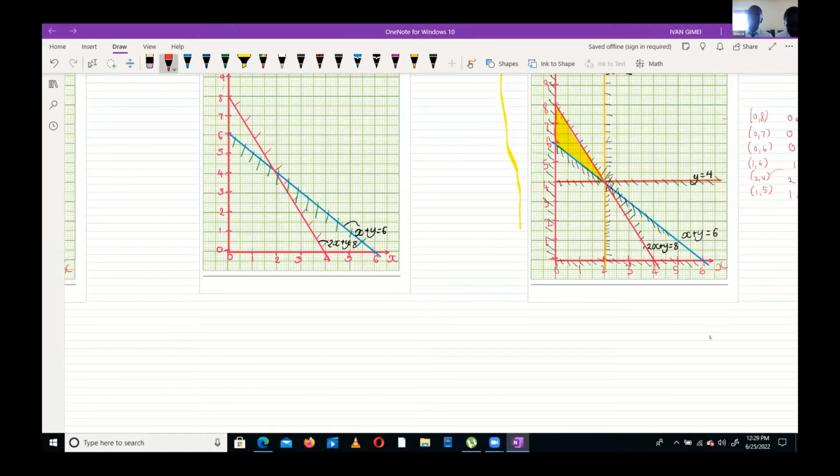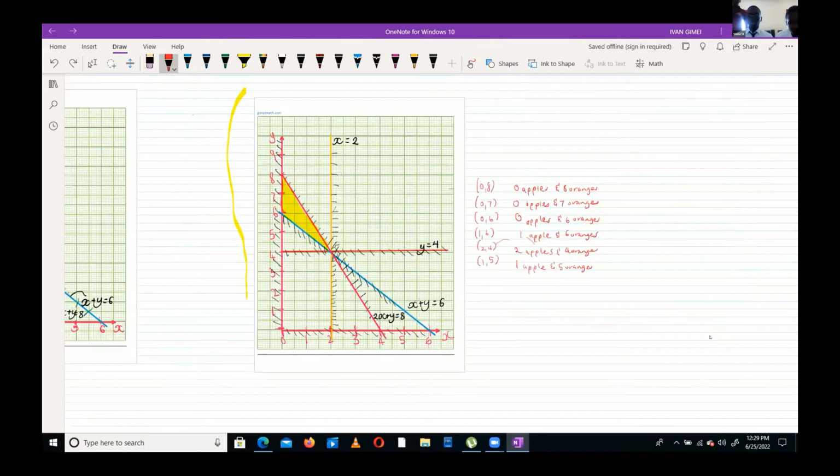Let me make a table here of the values. Then what we shall do to those values is substitute them into 500x plus 250y, which is our objective function.